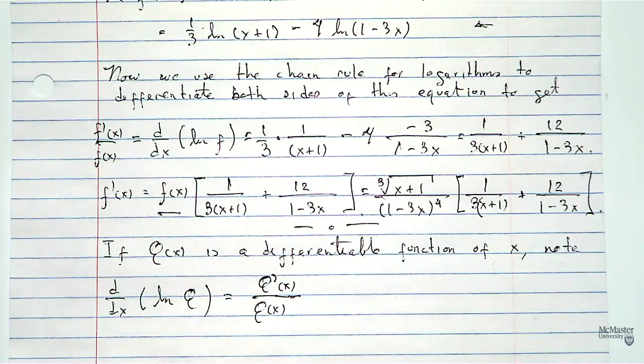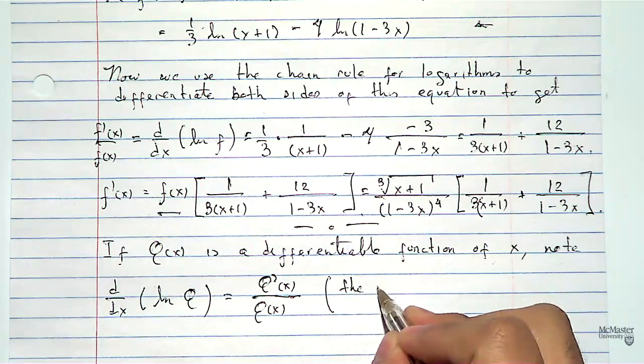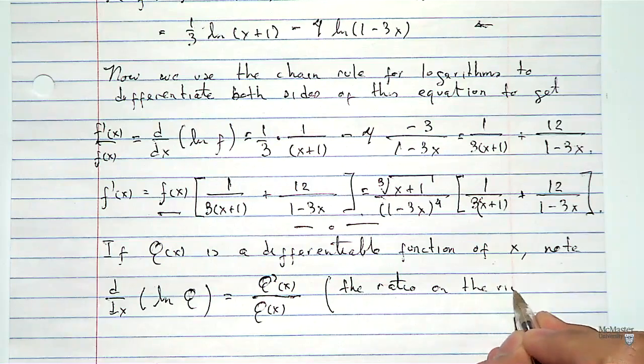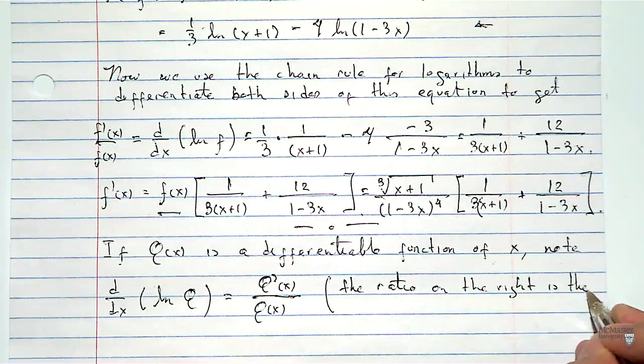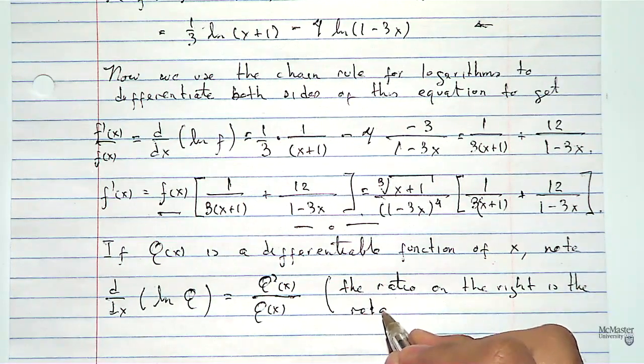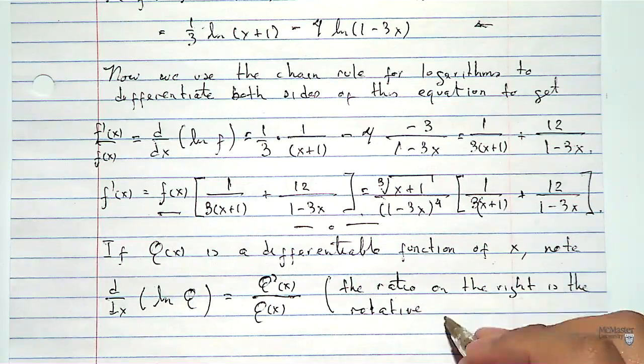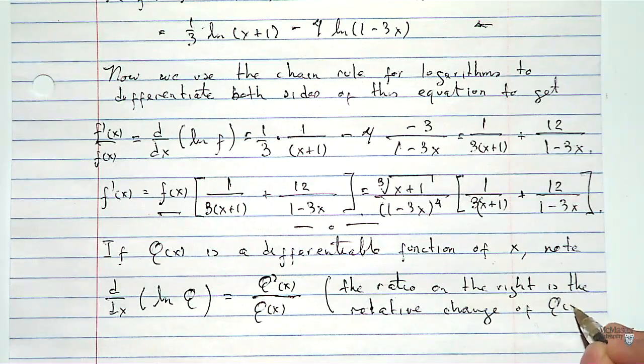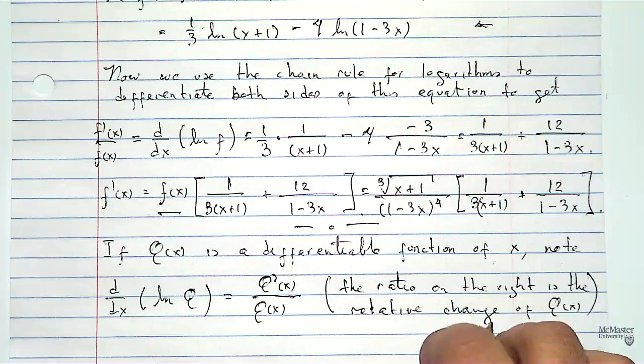So the ratio that we have here is the relative change of q of x. You see?